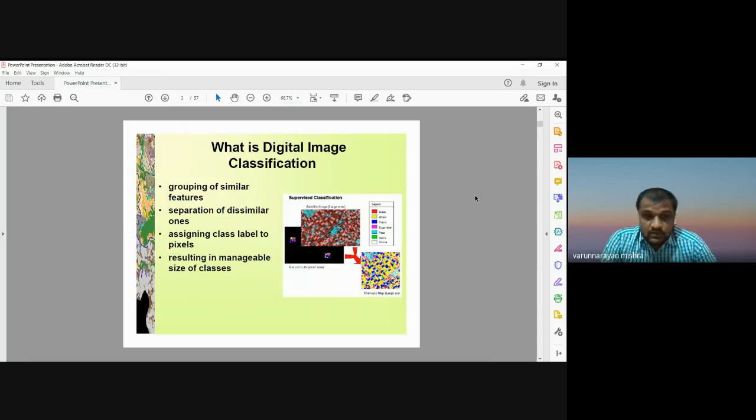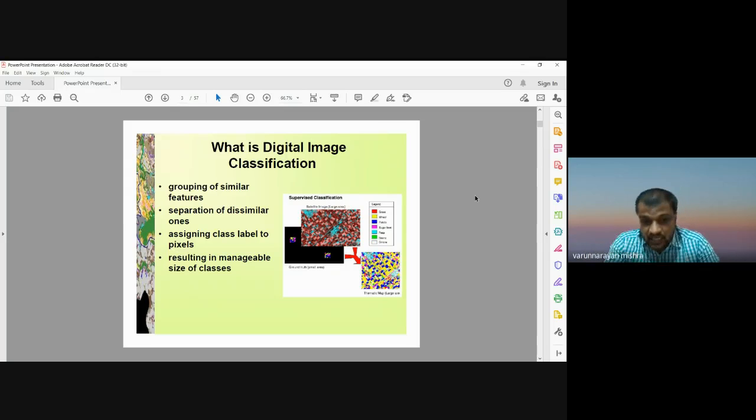As we already discussed, image classification is a grouping of similar kinds of pixels and a separation of dissimilar ones. It assigns a class label to each pixel depending on its reflectance, characteristics and properties.